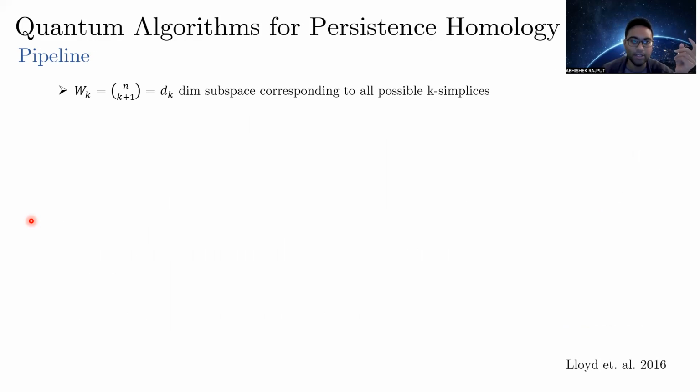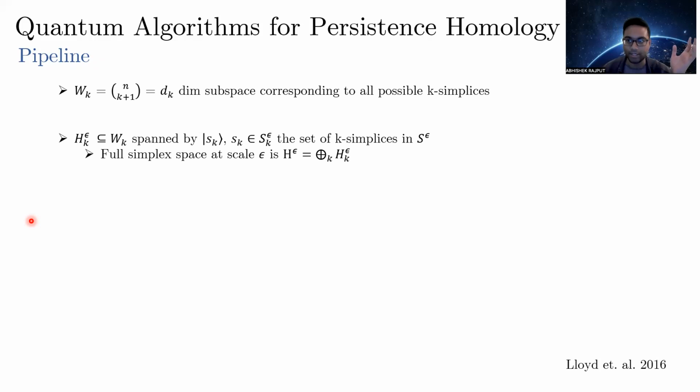Given n data points, the number of possible k-simplices you can form is n choose k plus 1, because a k-simplex has k plus 1 data points, and there are precisely n choose k plus 1 ways of forming k-simplices. But in a given data set, only a fraction of those actually exist in your data set.